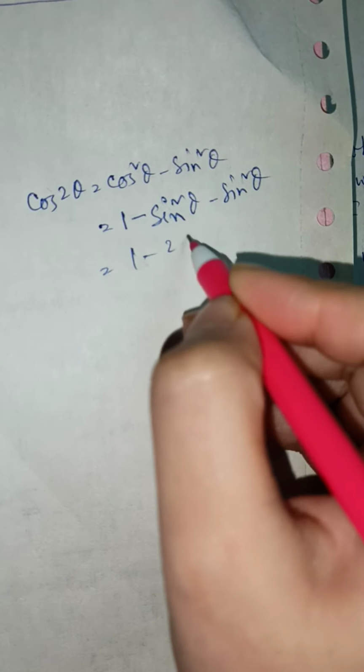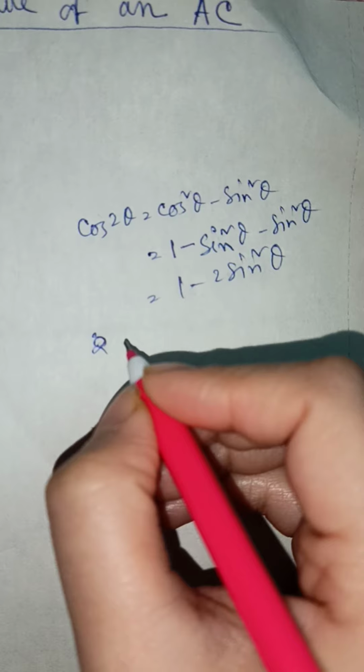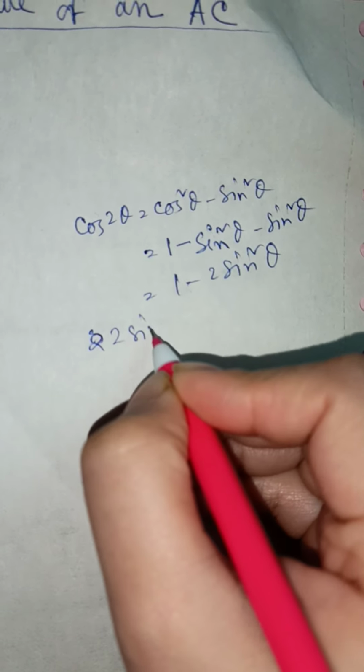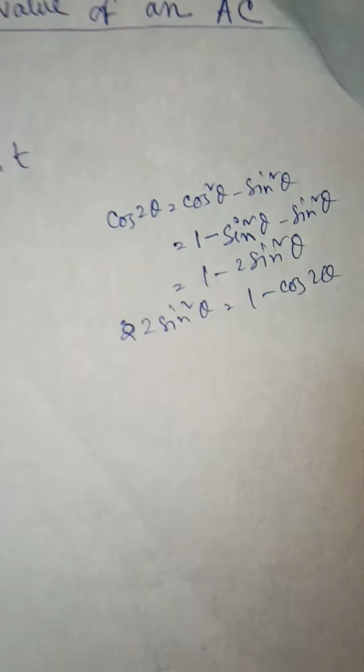So 1 minus 2 sine square theta. So 2 sine square theta equals 1 minus cos 2 theta, right?